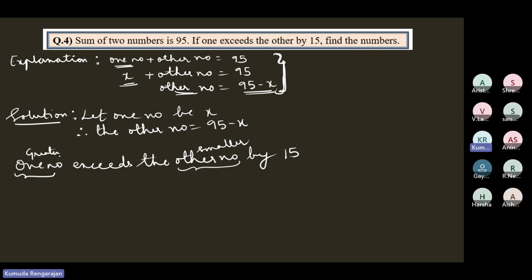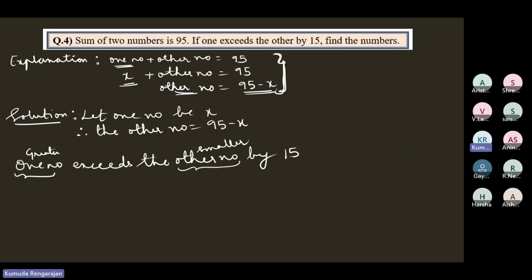So somebody was asking me, listen again. One number exceeds the other by 15. That means this one number is a greater number. The other number is a smaller one. And exceeds means the difference. See, I have 10 more than you, or you have 15 less than me. All that says the difference between two things.